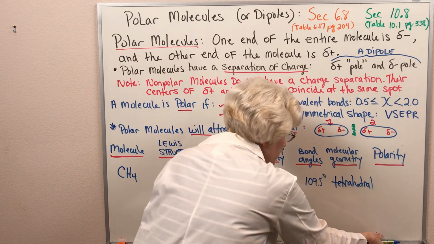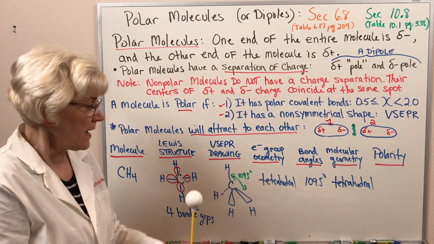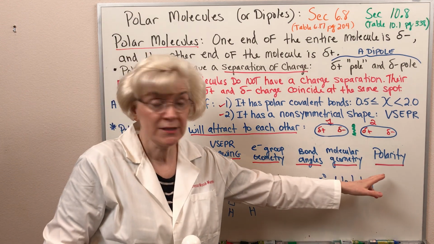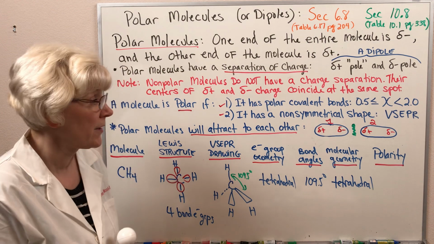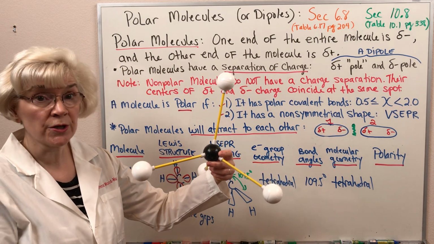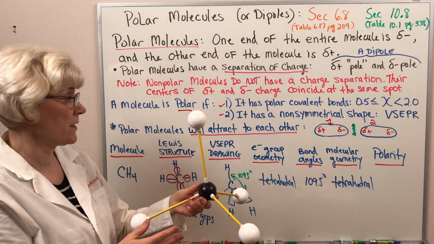So tetrahedral geometry. Now that we have filled in all of this information, we're ready to examine the polarity of the molecule. Is methane a polar or a nonpolar molecule?